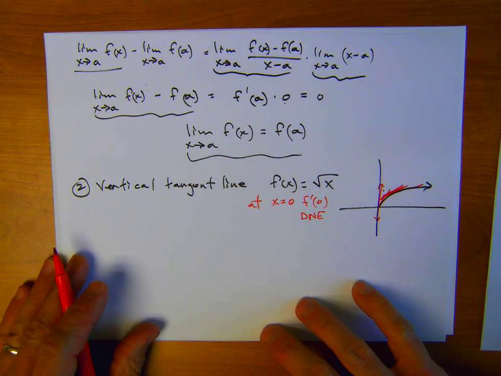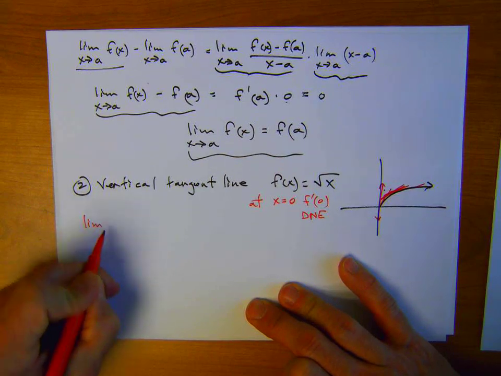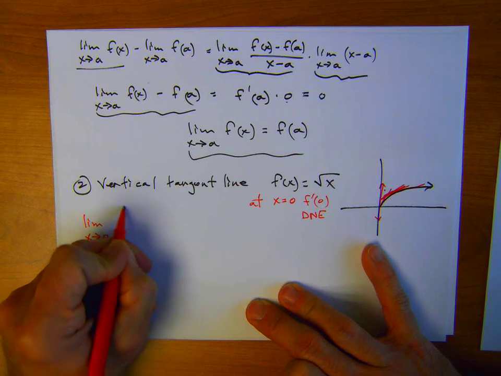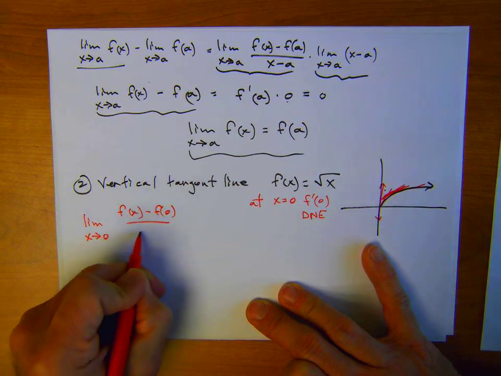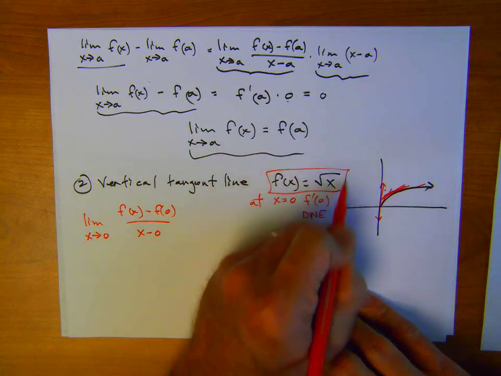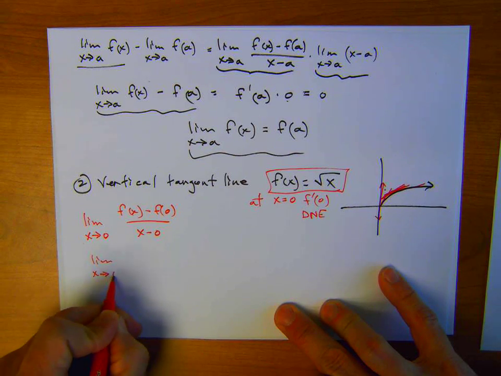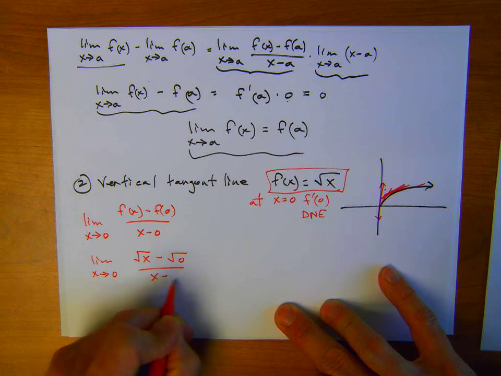Let's look at how that could be shown algebraically. So if we take the limit as x approaches 0 of f of x minus f of 0 over x minus 0. Well, this is our function right here, so I'm going to have the limit as x goes to 0 of the square root of x minus the square root of 0 over x minus 0.